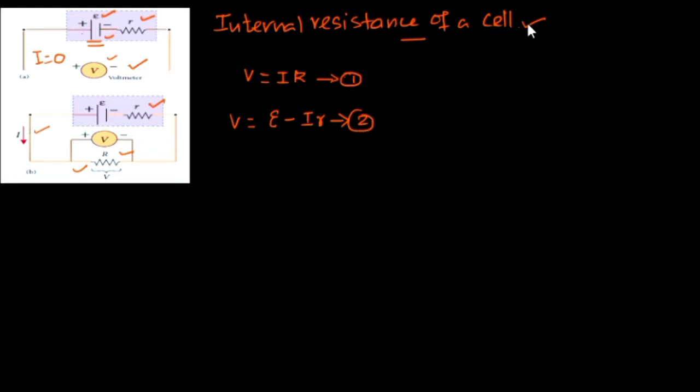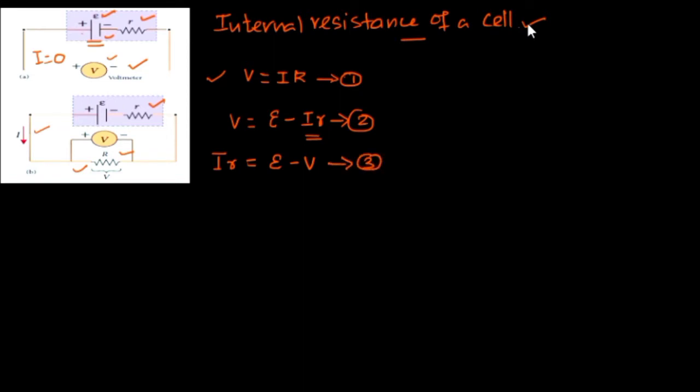So this is the voltage drop across the external resistance R, represented as V is equal to I into R, and the potential difference shown by the voltmeter will not be exactly equal to the EMF; it will be the EMF minus the voltage drop across the internal resistance. So now we can say that I r is equal to epsilon minus V. This is the voltage drop across the internal resistance. Let it be equation number 3.